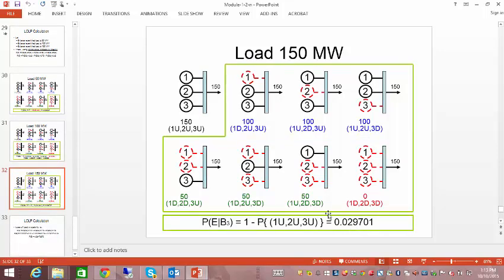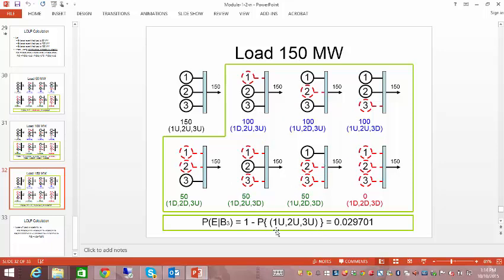Similarly, 150 megawatt, if any generator is down, then we cannot supply this load, so we have loss of load. So therefore we have to use this probability over here. So remember that here it is easier to use the probability of this and subtract from 1 instead of adding all of them together.